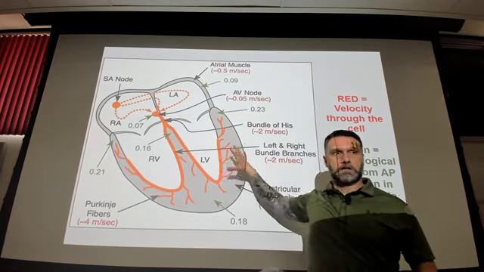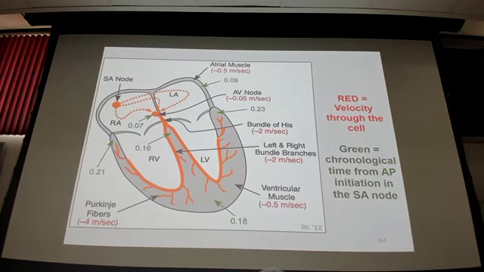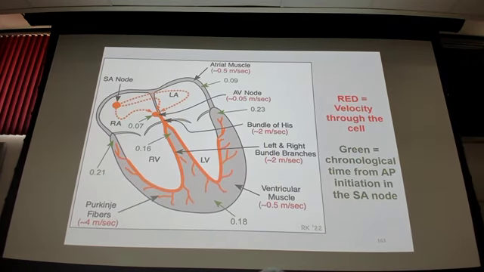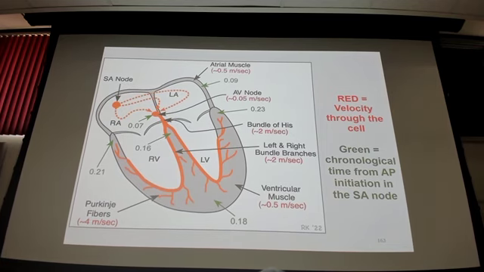So that's what the green is, the propagation of the action potential through all of the cells. I put it here because I think it's a good visual representation of the numbers on the previous slide. It just shows you fast, slow through the AV node, and then bang, lightning, right? Does that make sense? Okay.